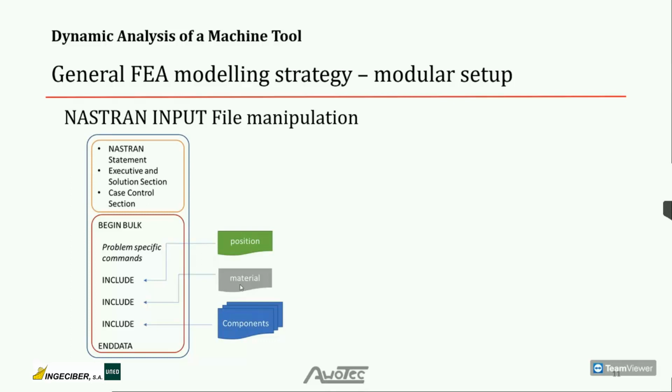This input file can be prepared manually, and you see on the left-hand side in this graph the structure of the Nastran input file. In the yellow box at the top you see the general solution settings block, and in the red frame you see the so-called bulk data section where the FEA components are included, the material is included, and also coordinate systems and so on.